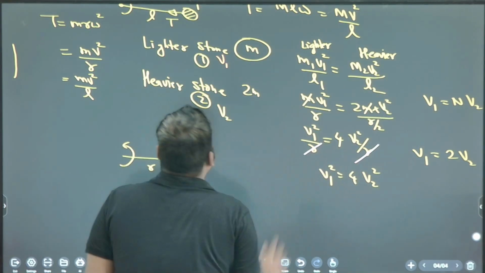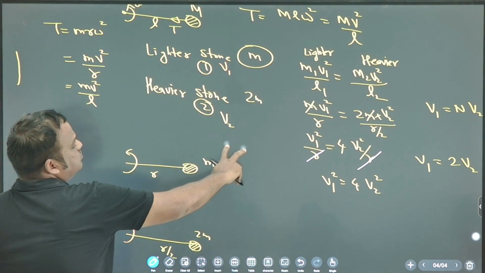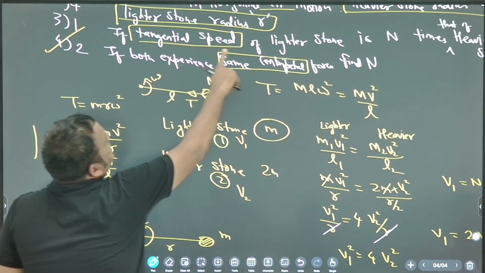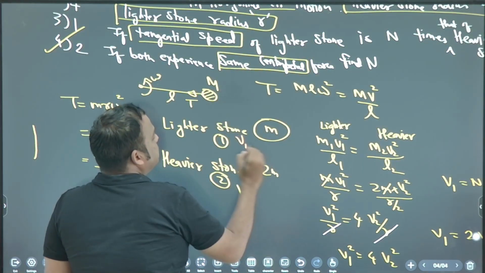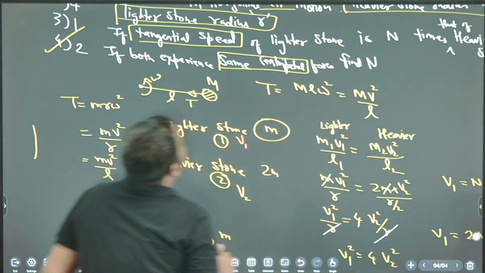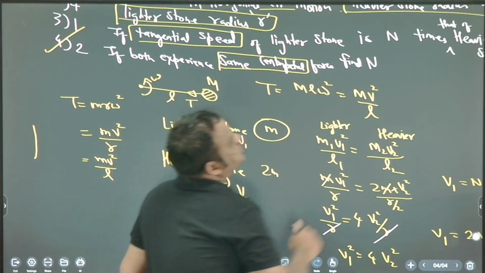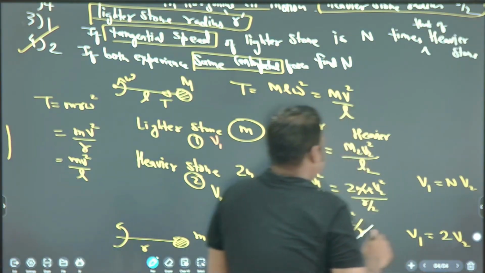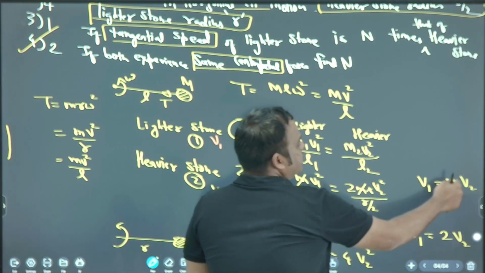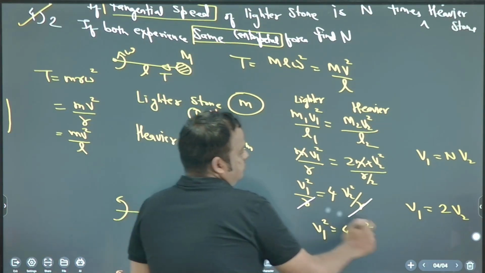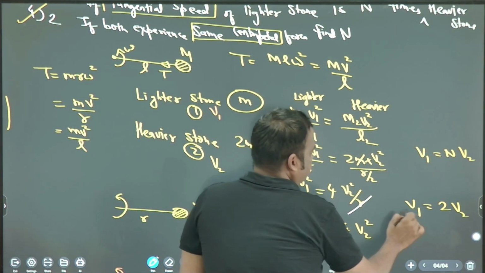Understood? Then according to the question, the tangential speed of the lighter stone is n times the tangential speed of the heavier stone, which means V1 is n times V2. So now we are getting V1 is equal to 2 V2.